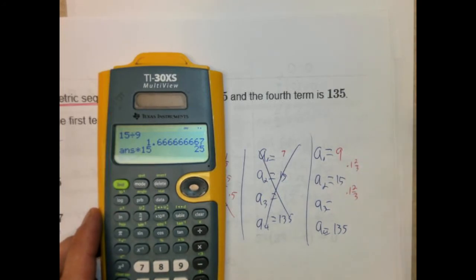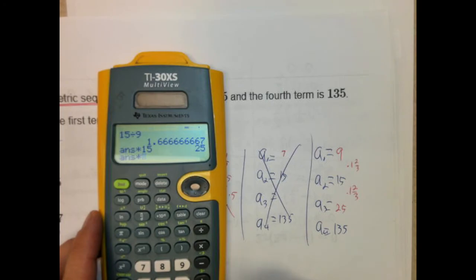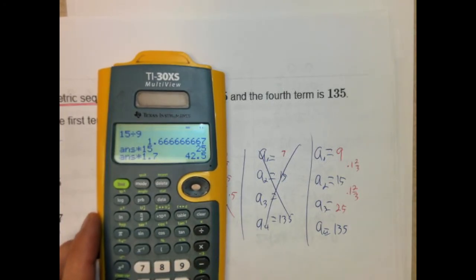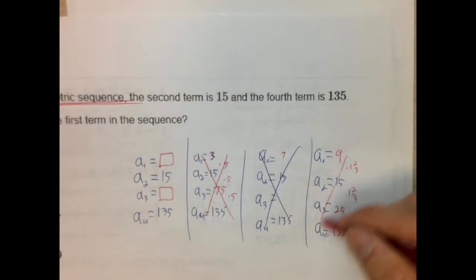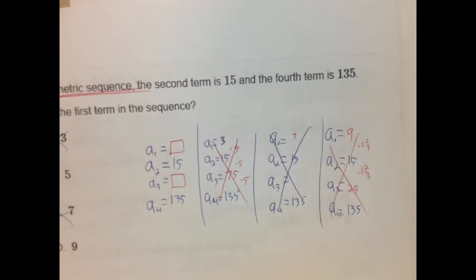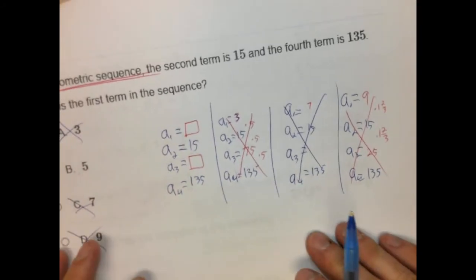This is going to give me 25. And multiply 25 by 1 2/3, I get 42. So clearly that doesn't work either. So we know it's going to be B, but let's just show it here.